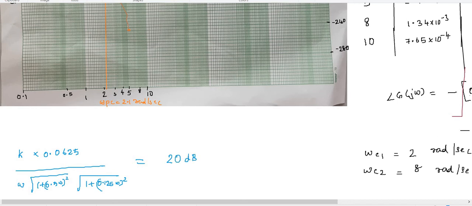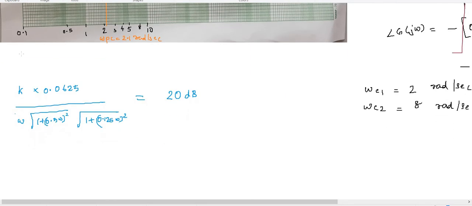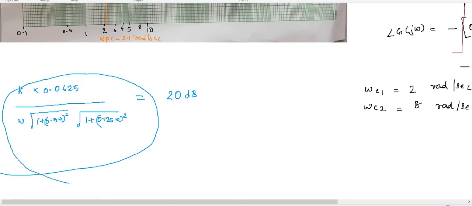Now this value is not in decibels, so we have to convert it into decibels.